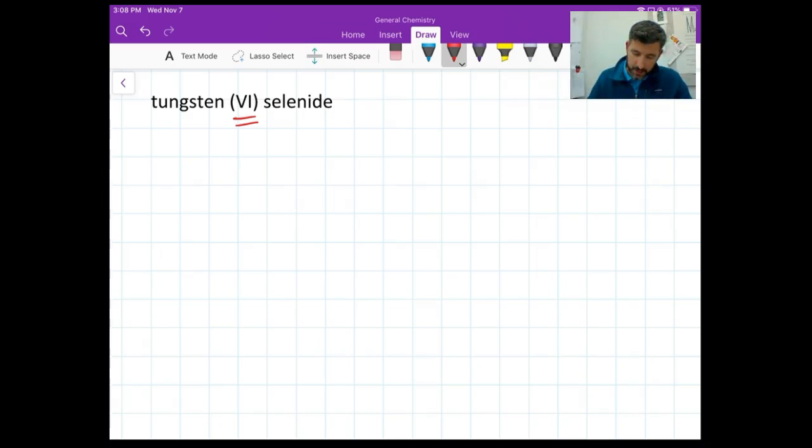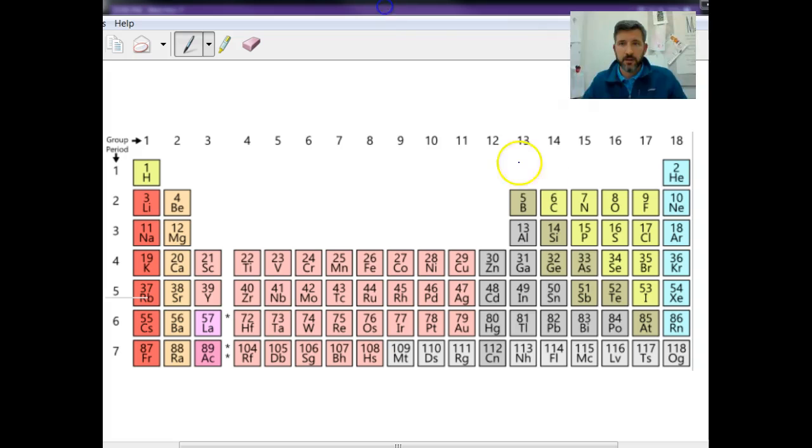Okay, so tungsten has the symbol W, and in this case it has a 6+ charge, which we know because of the Roman numeral. And then selenium, or selenide, is Se with a 2- charge. We know that because it's in group 16 of the periodic table. So bring my periodic table over here.